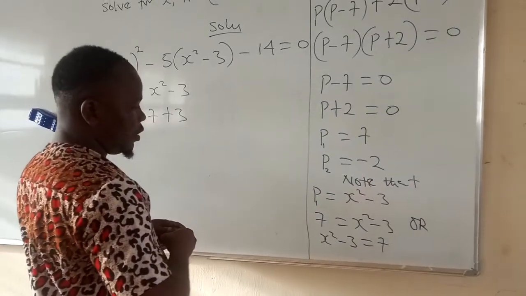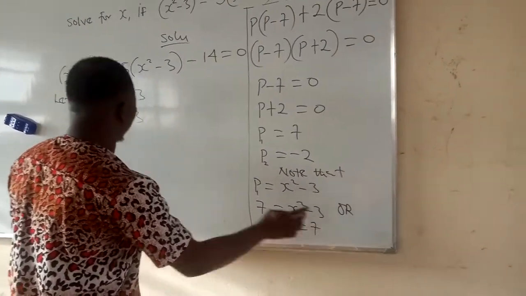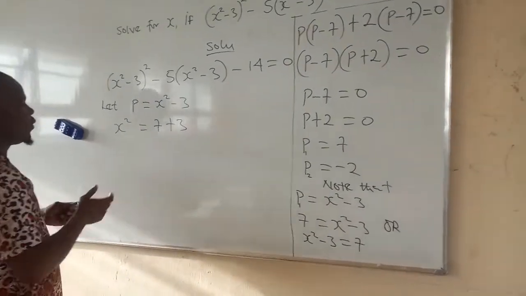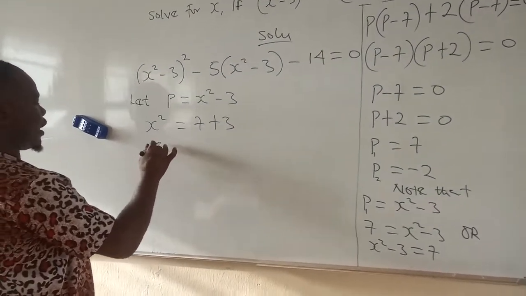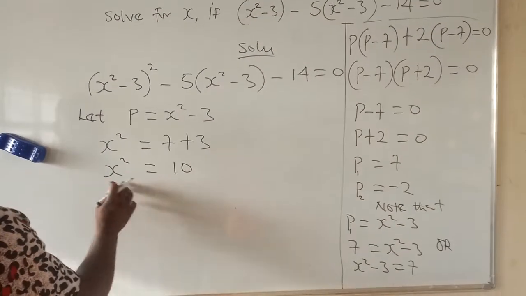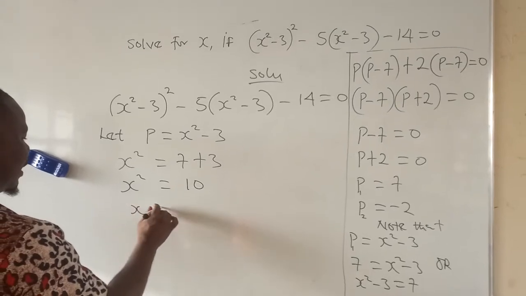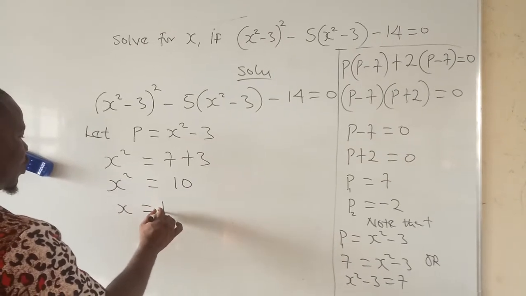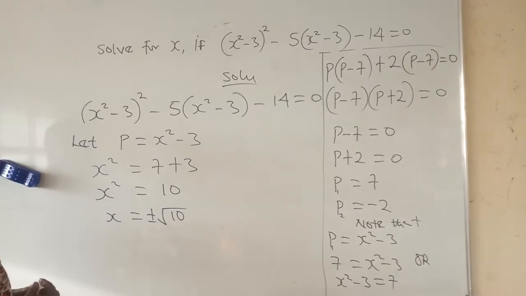Is that clear? So if this one, minus 3, crosses the sign of this equality, it will now be plus 3. Is that clear? So if you add it together, this will be x squared is equals to what? 10. Then you take the square root of both sides, definitely our x is equals to plus or minus square root of 10. Is that clear?